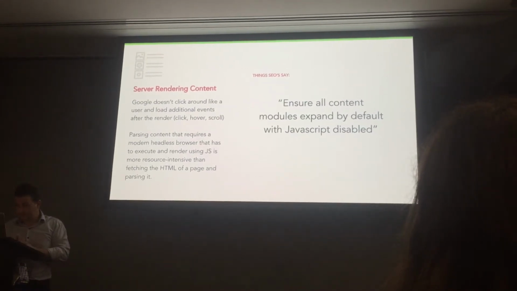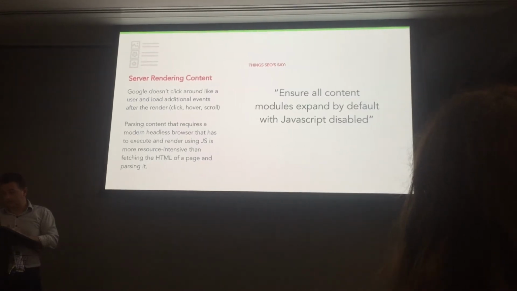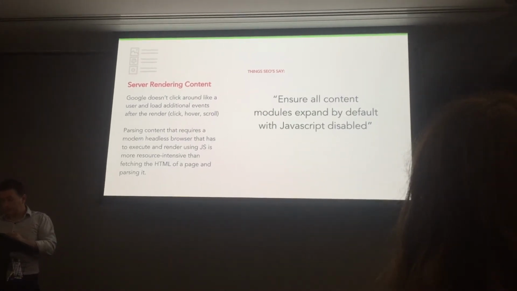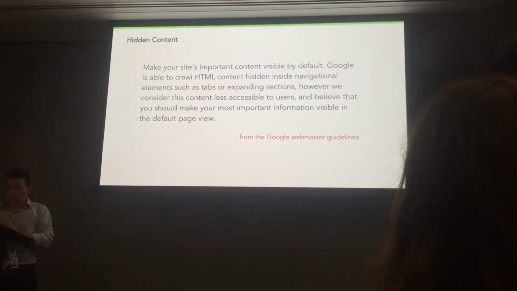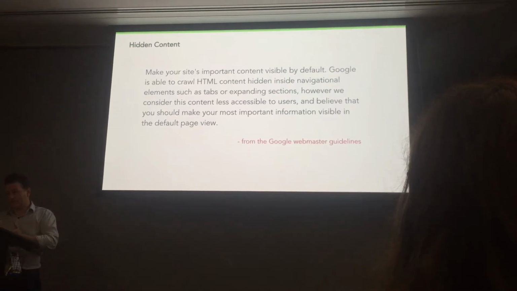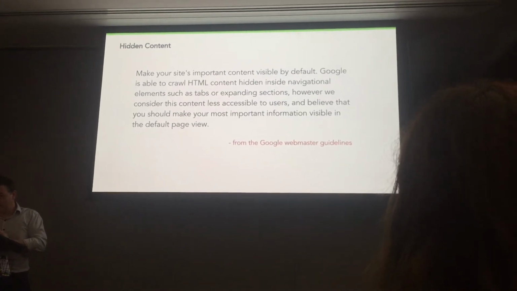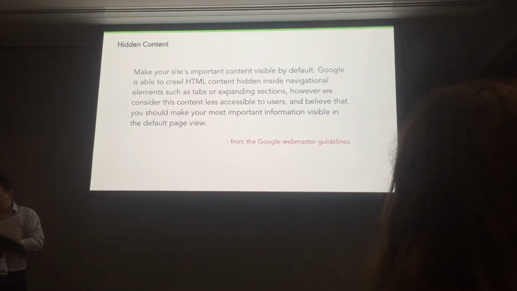Server rendering of content: ensure all content modules expand by default with JavaScript disabled. Hidden content: I think everyone's moved past the days of hiding words in the page content, styling them over with white padding. Make your site content the same for Googlebot and for the user.